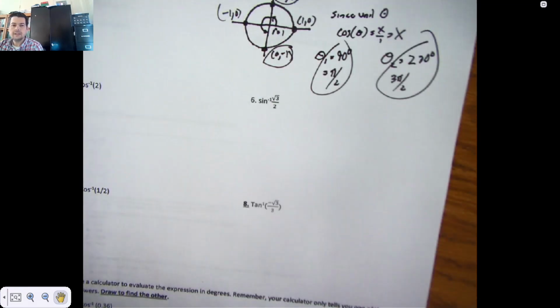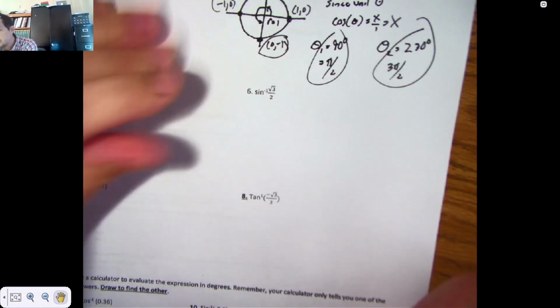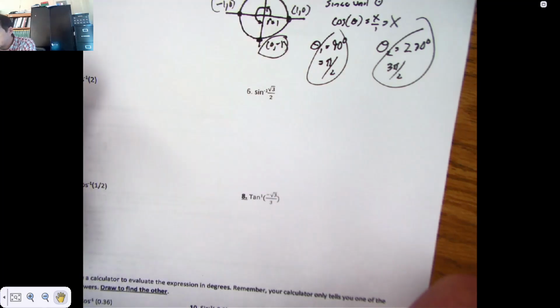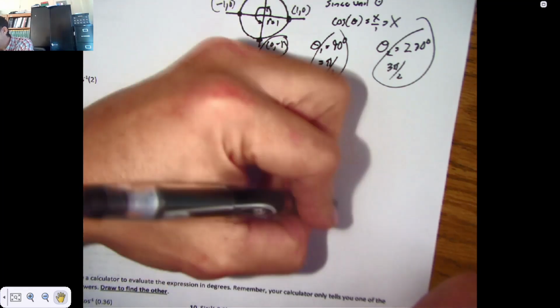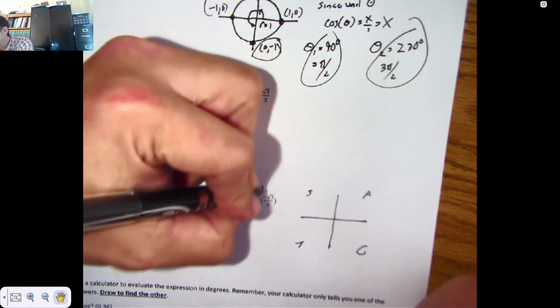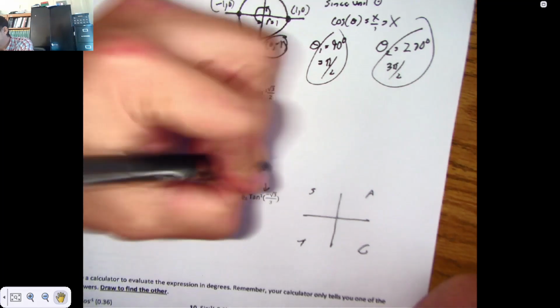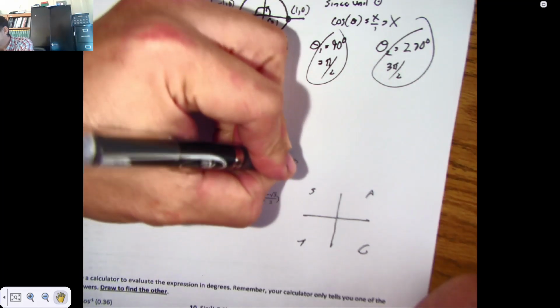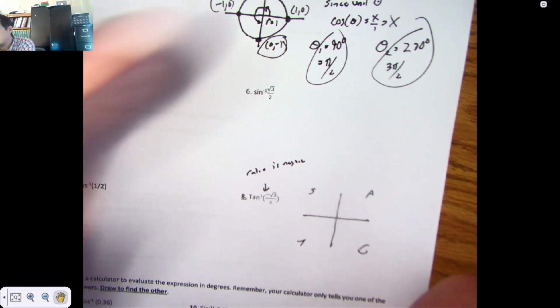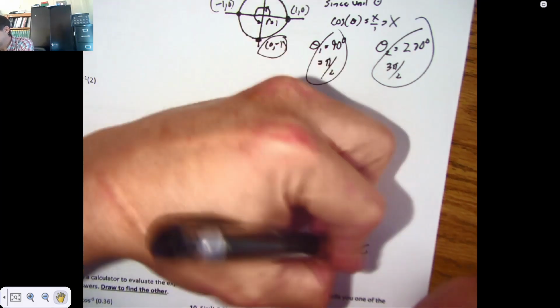What else I got highlighted? Number 8, the arc tangent of negative root 3 over 3. This is not a circular concept. This is all schools torture children. This ratio is negative. Now, by all schools torture children, the tangent ratio is negative here and here.